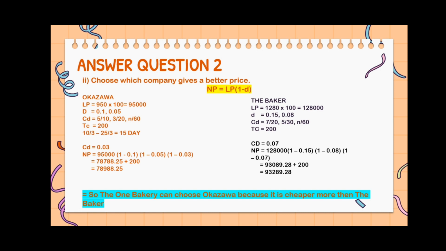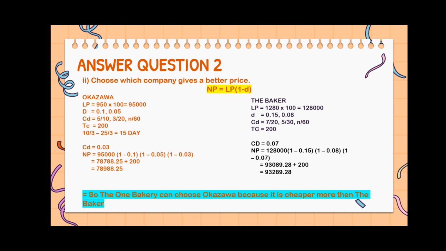So the answer is 93089.28 plus 200, and then we get 93289.28. So One Bakery can choose Okazawa because it is cheaper than the Baker.